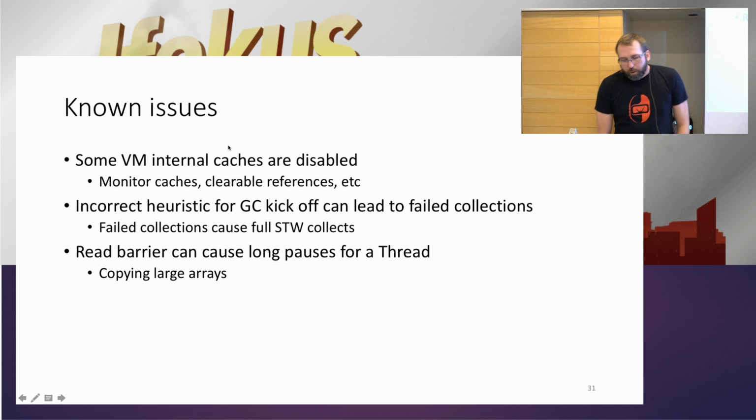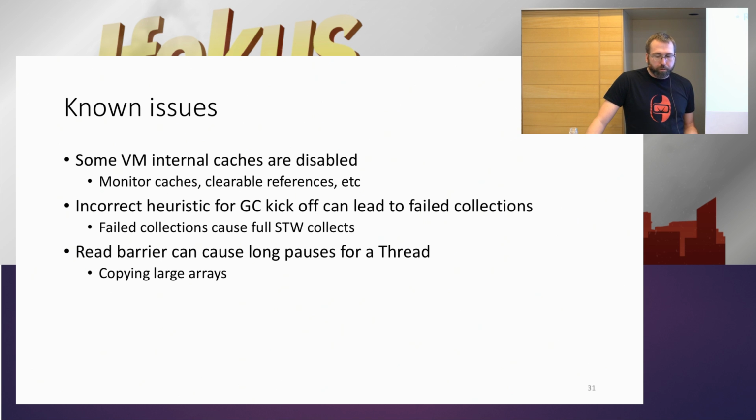We ended up with a bunch of things we had to work around, or some known issues in our technology right now. Those are the big things we want to look at more going forward, as we keep running this on more workloads. There were a lot of internal VM caches that we turned off because we didn't have proper barrier support for them built all around the VM.